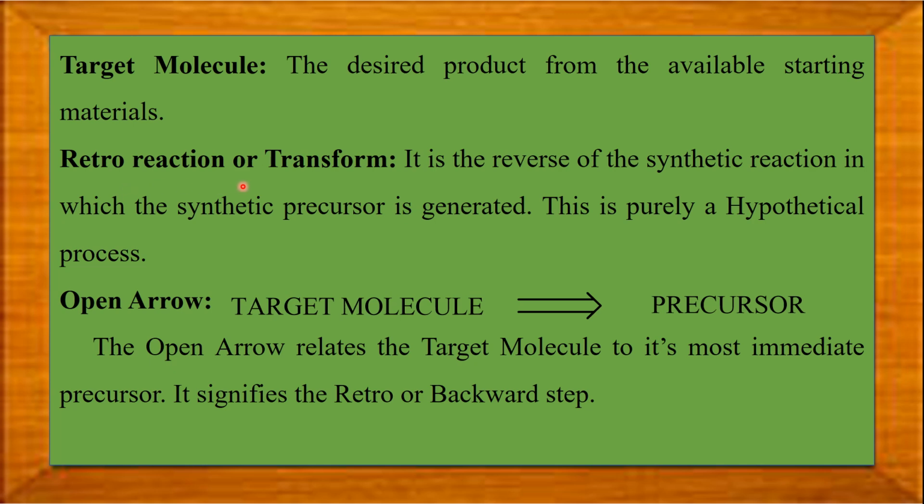Retro reaction or transform: it is the reverse of the synthetic reaction in which we look for the immediate synthetic precursor for the target molecule, and this is a purely hypothetical process. And in retrosynthetic analysis we are using a special type of arrow. This shows it is the retrosynthetic reaction and we go in the backward direction from product to starting materials or precursors.